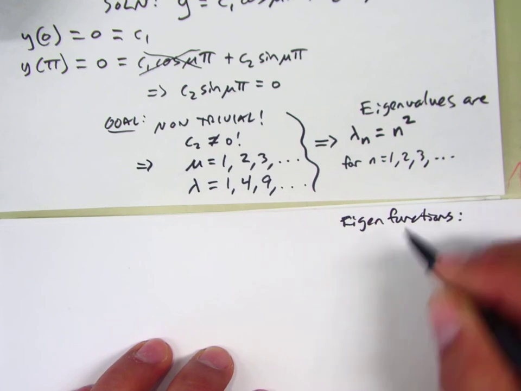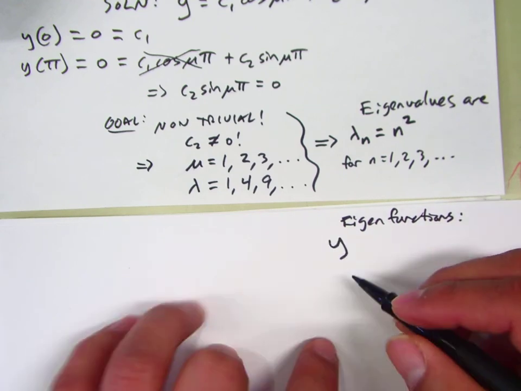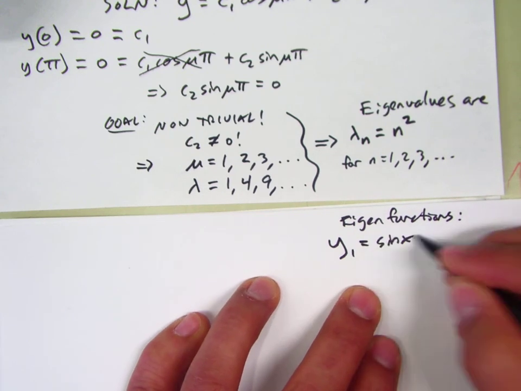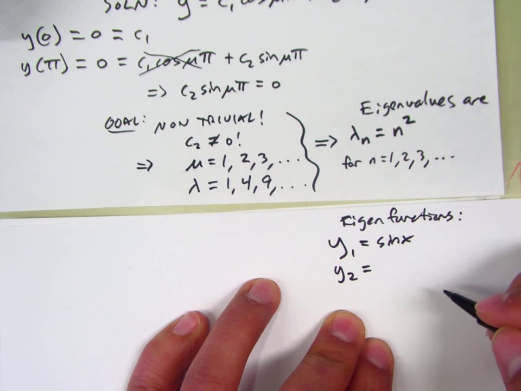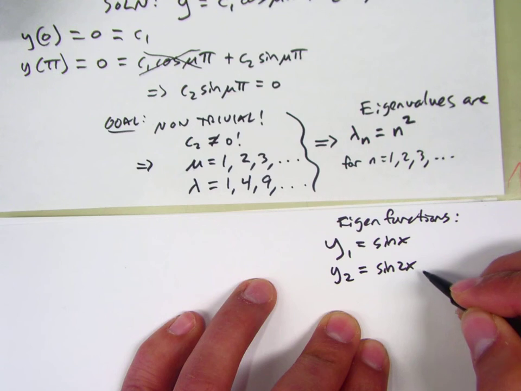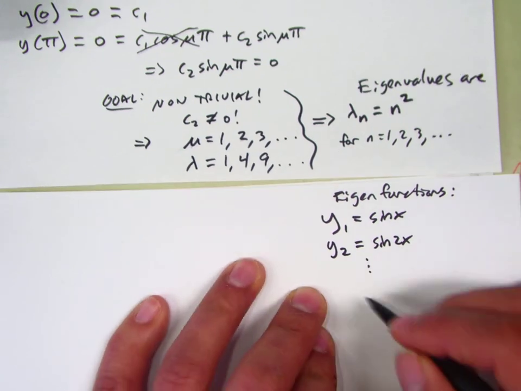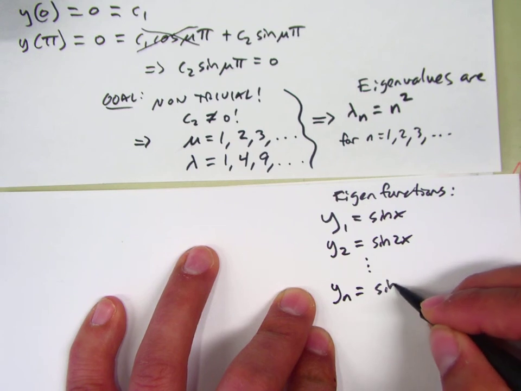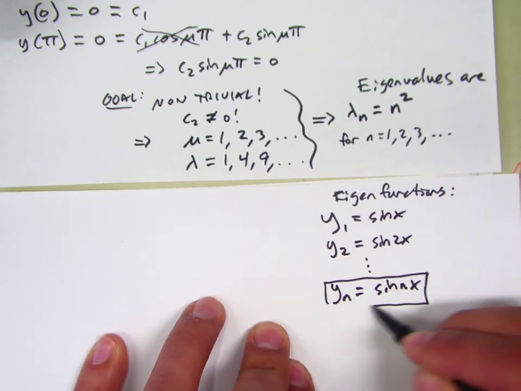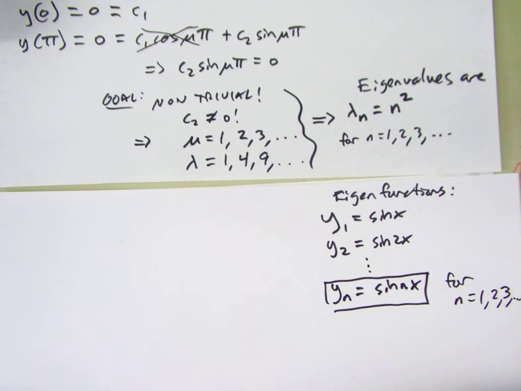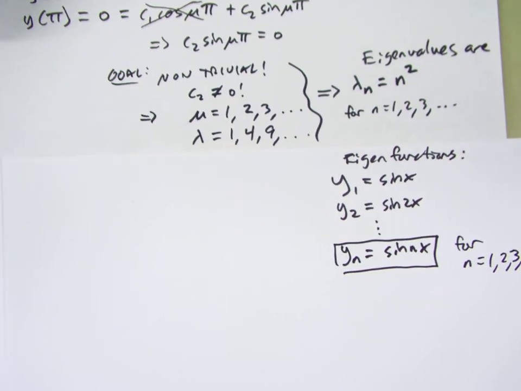So the eigenfunctions are going to be y1 equals sine of x, y2 is going to be sine 2x, and so on. So basically y sub n is going to be sine of nx for n equals 1, 2, 3, and so on. It's just plugging in all those values that we figured out. Okay?